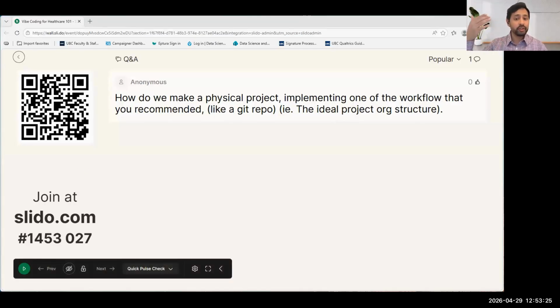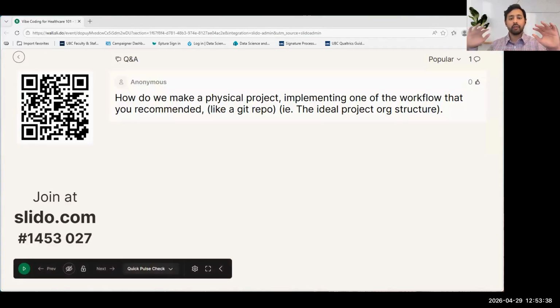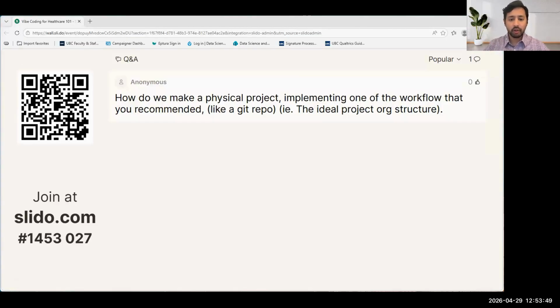The reason versions are important is that if you're making changes to code and something breaks, you can always go back to an older version. The other place it's useful is that if multiple people are working on a project, if you have a team, then everybody can put it into one place, and GitHub manages merging that code and merging the project together. So that's the best place to do that.